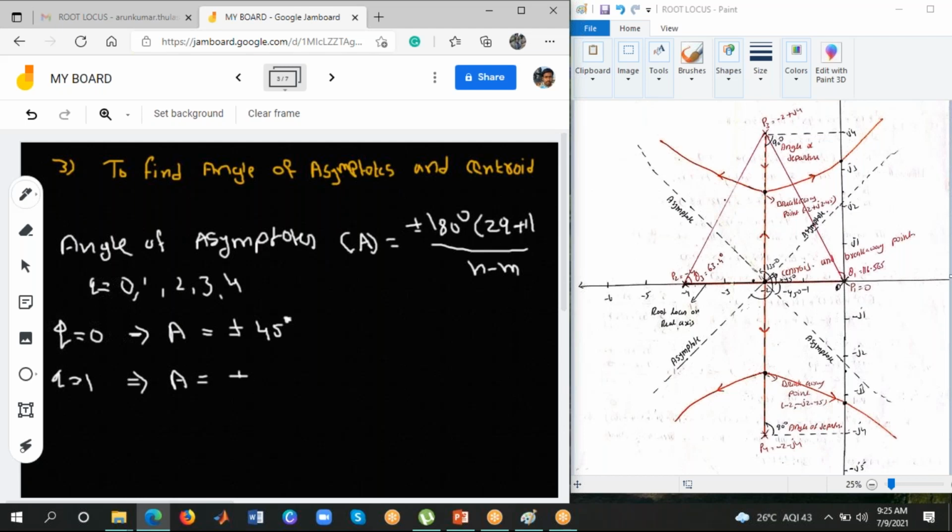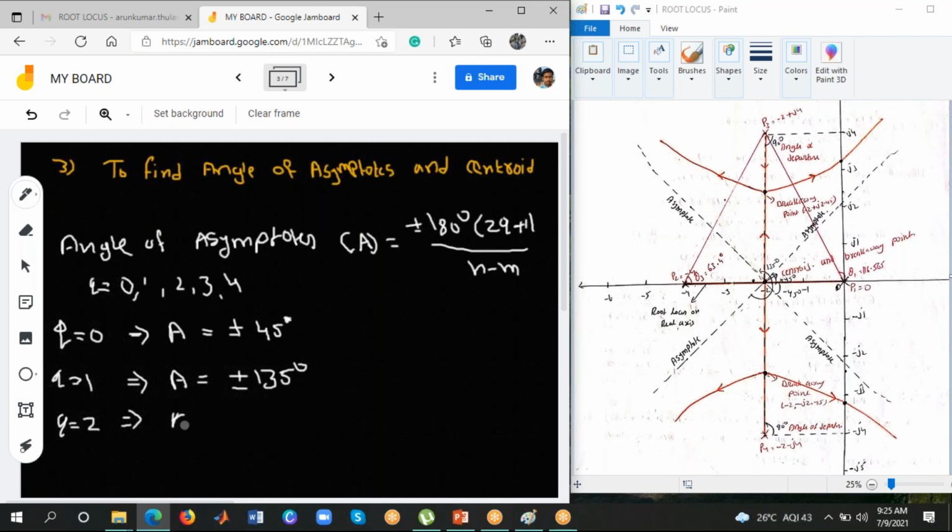Plus or minus 135 degrees. When q equals 2, plus or minus 225.